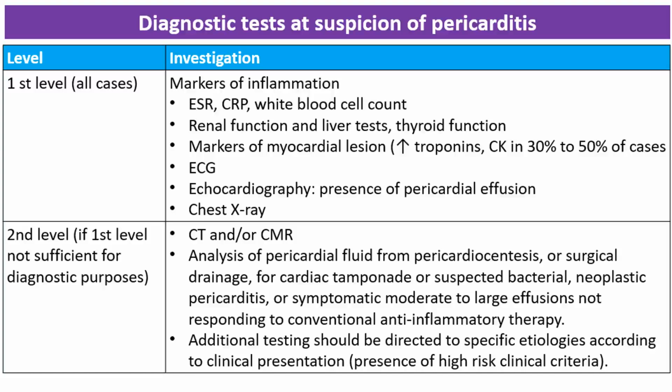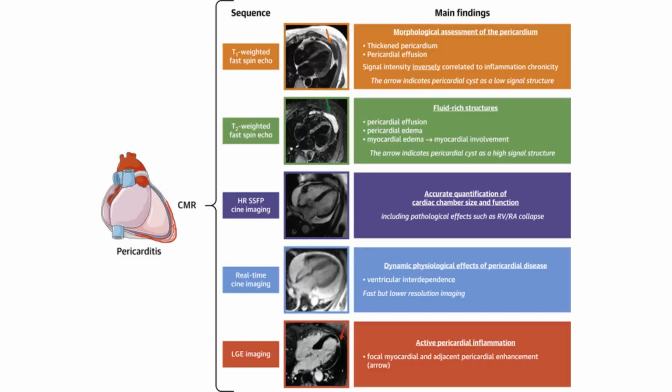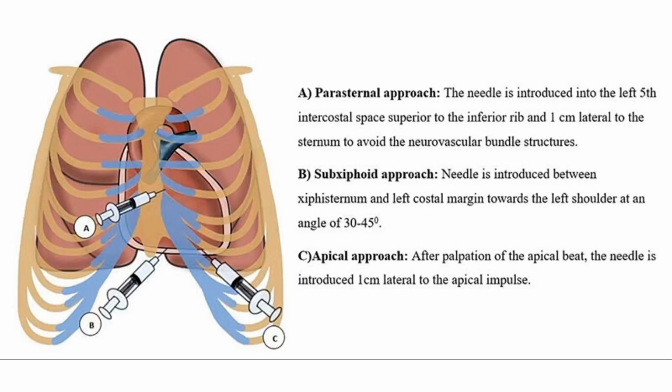If these initial tests support the suspicion of pericarditis, second-level diagnostic tests may be employed. These include advanced imaging modalities like chest CT or MRI to provide a more detailed view of the pericardium and to assess the extent of inflammation or fluid accumulation. In some cases, pericardiocentesis may be necessary for analysis, including bacterial cultures if an infectious etiology is suspected.